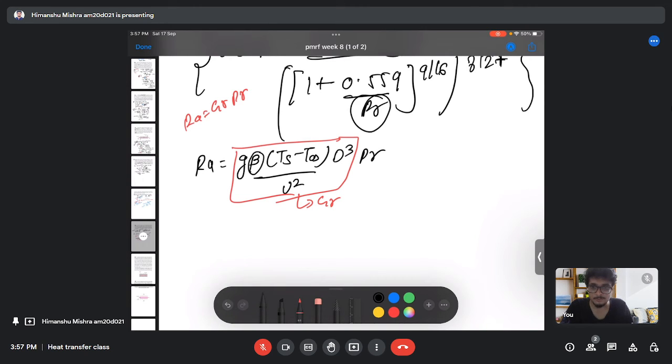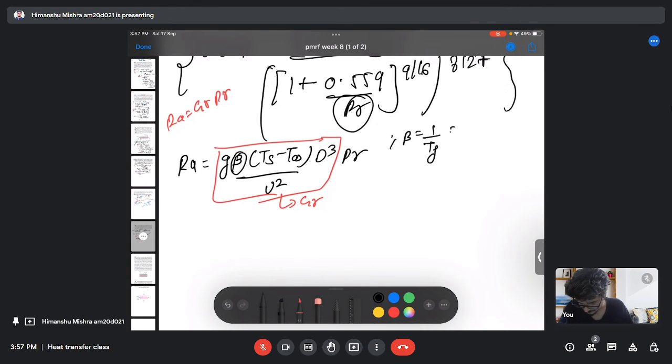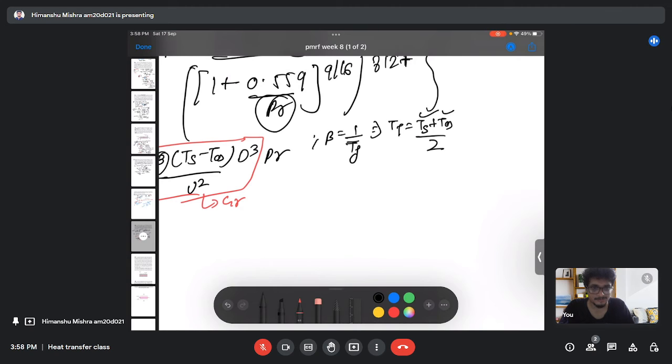And my volume coefficient beta can be given as, this Tf is my mean film temperature, Tf is the average of Ts and T infinity. We have already been given these temperatures, so my Tf will be 43.5.